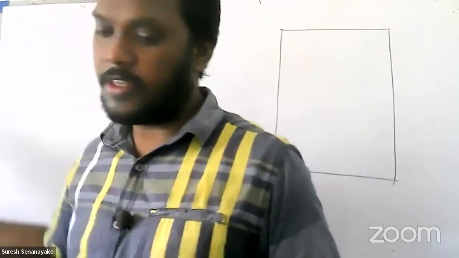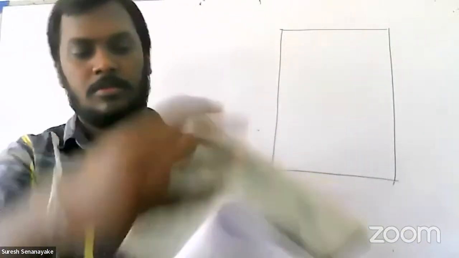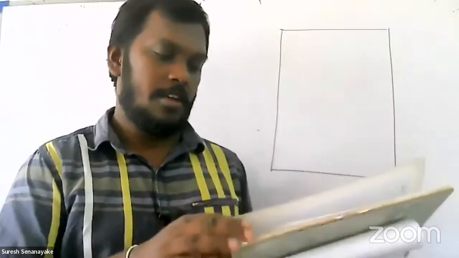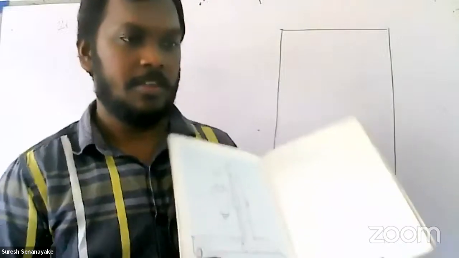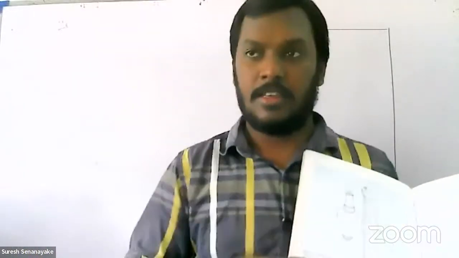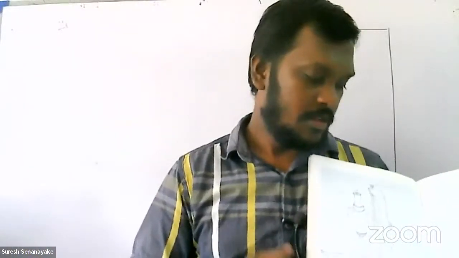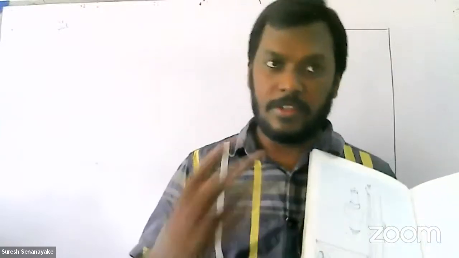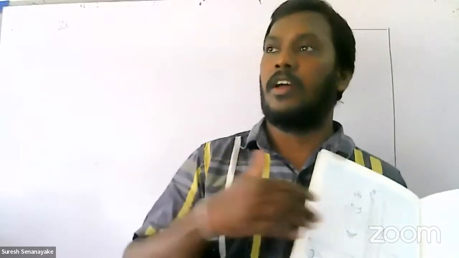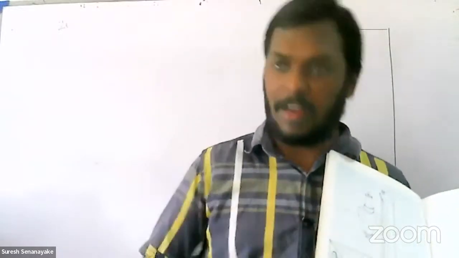I have one, I can show you. In this book, one side has graph paper and this side has single rule. So you need to draw on the graph paper side: the pictures, diagrams, experimental setup, and also the graph.